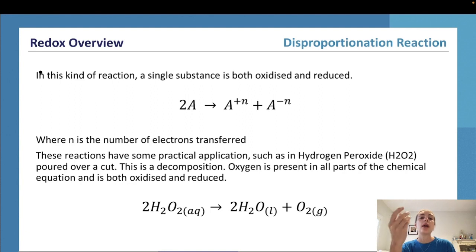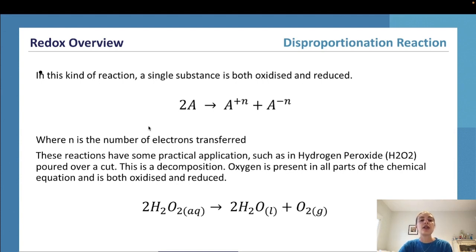So it's basically like one compound splitting into 2 compounds, one of which has been oxidized and one of which has been reduced. In this example up the top, n is your number of electrons which has been transferred.